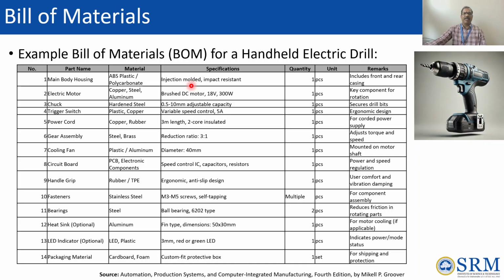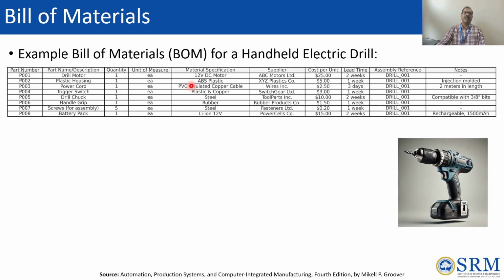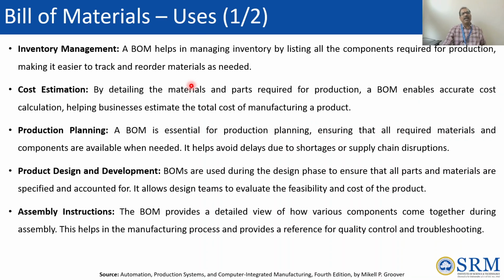Two versions of bill of materials were discussed, one with quantity, units, specification and material, and another with the material specification, who is the supplier, how much the cost, and also how much time the supplier takes to give us the product. Every detail we have seen, and some of the uses also we have discussed.